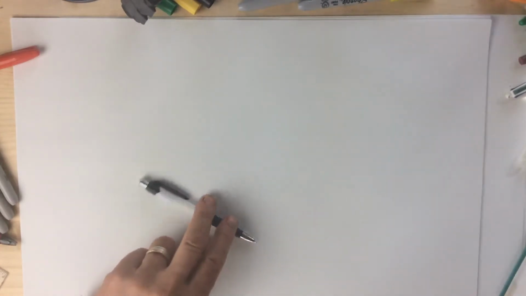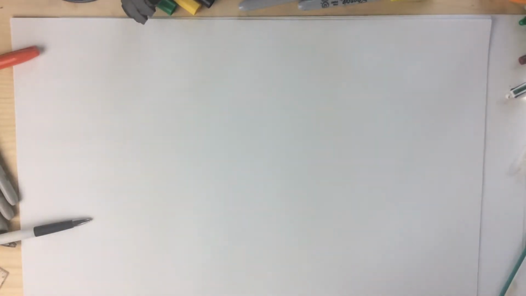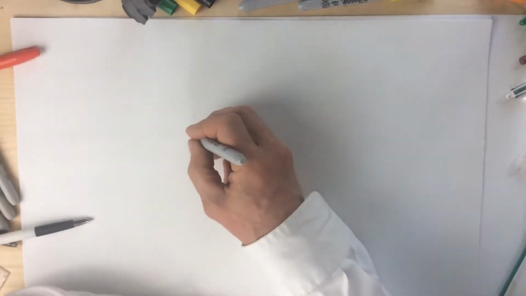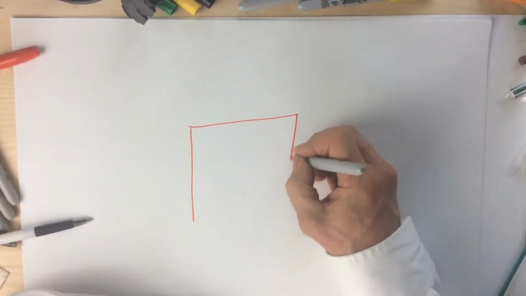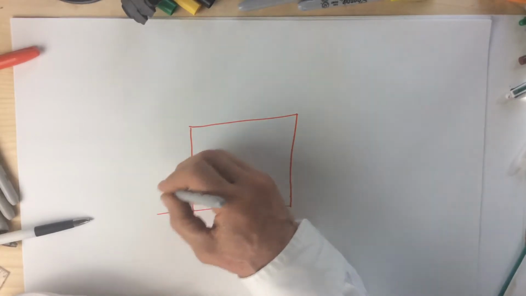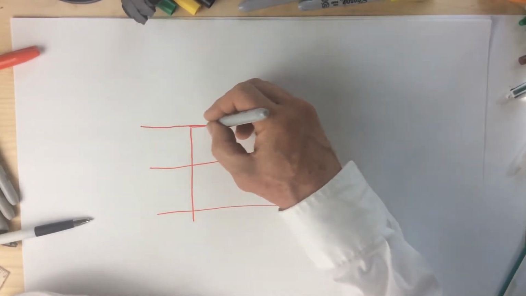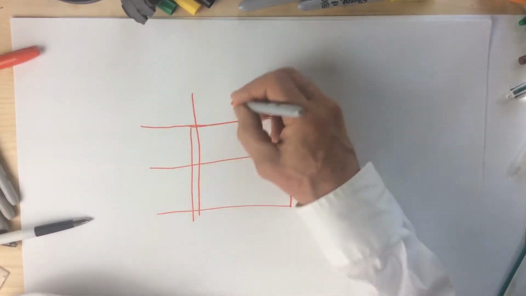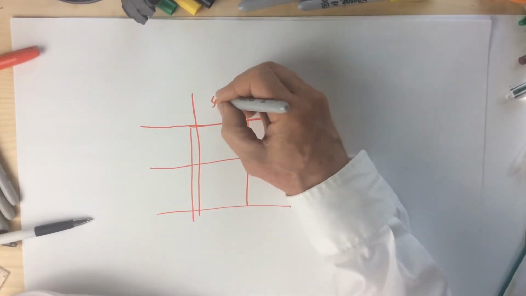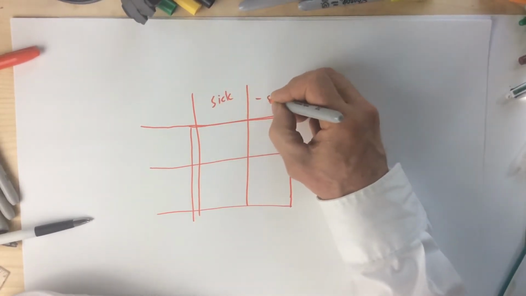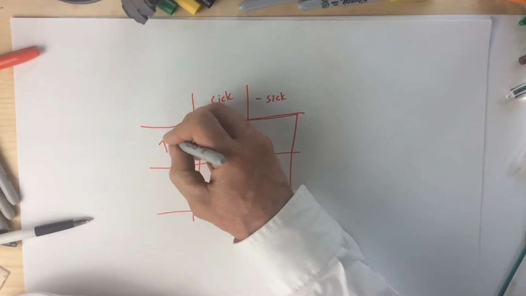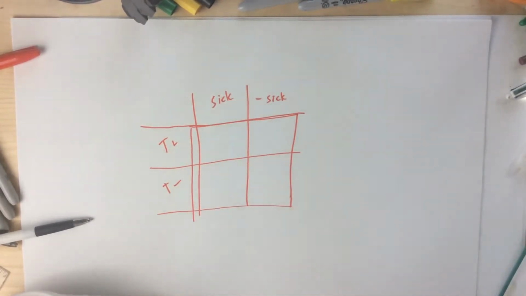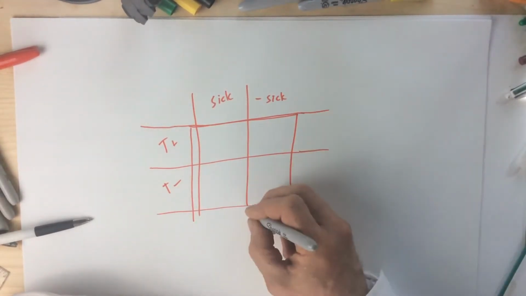So let's do one of these restricted view looks on a probability. I am going to produce a test here. A test that talks about a sickness and a doctor trying to understand if his patients are sick or well. So sick, not sick, test positive, test negative. Now I'm not going to use probabilities.